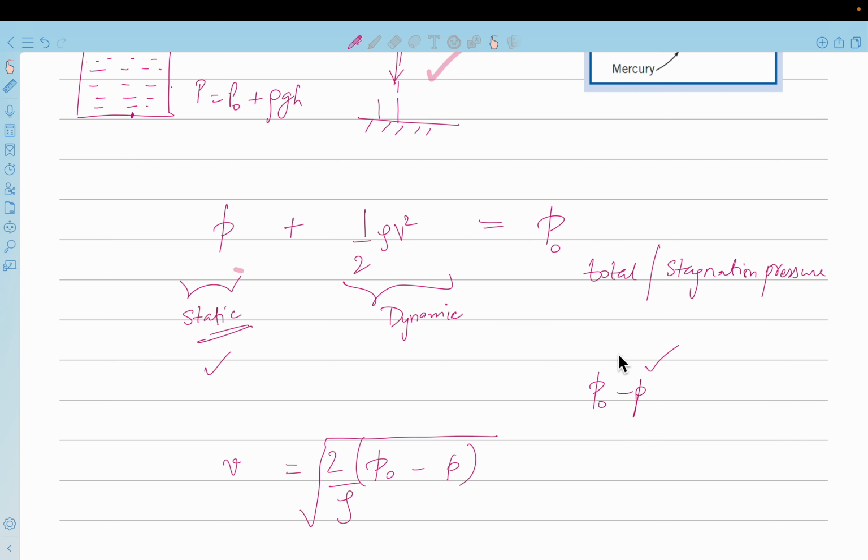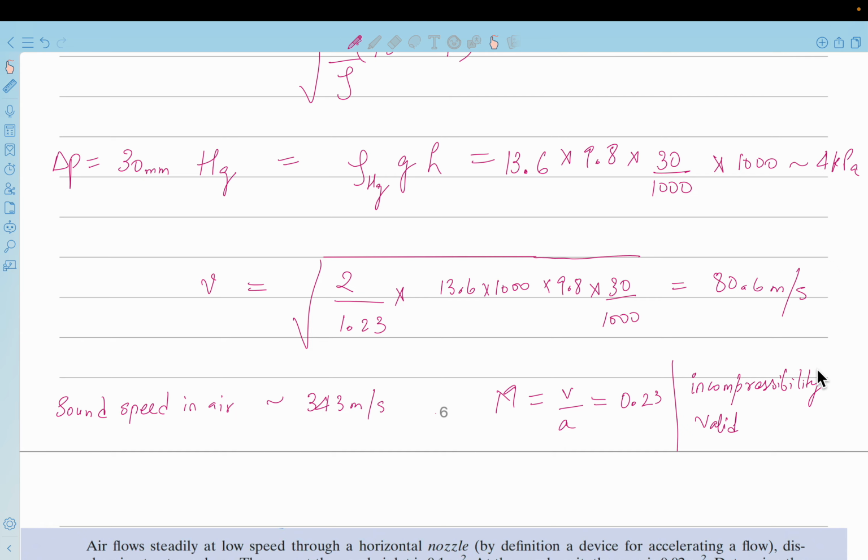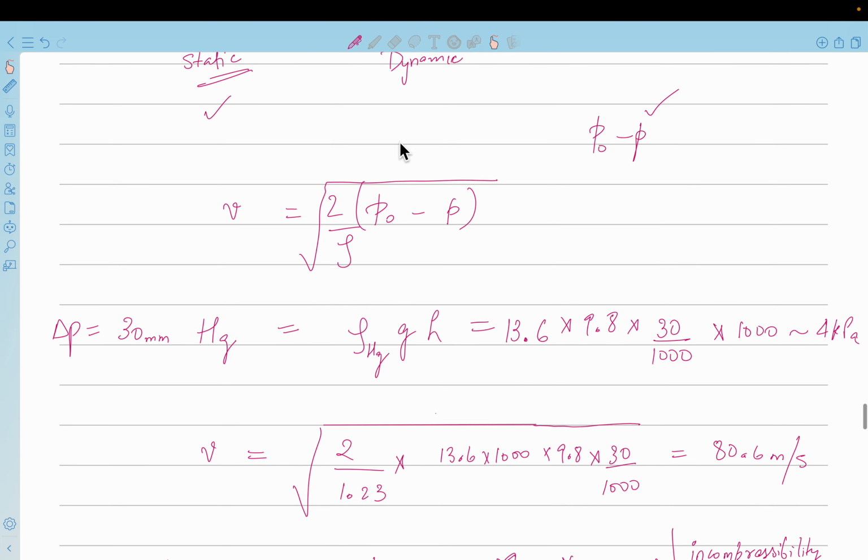But whatever is the change in the pressure, it could be because of change in velocity and also because of change in the density. But the change in density is neglected. This is the reason why we are able to take density on this side, assume density as a constant, and solve for velocity. Okay, if the assumption of incompressibility was not valid, we could not write this equation.